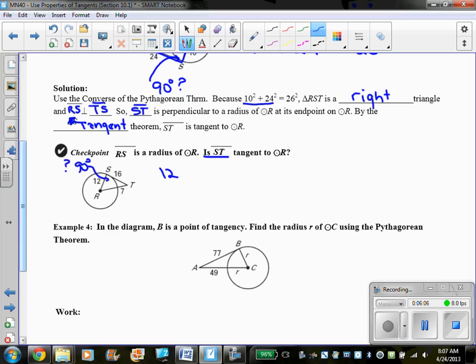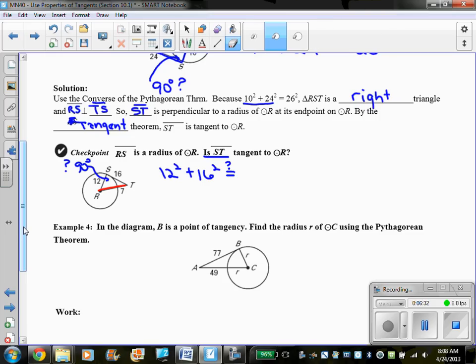So if that is 90 degrees, then we have one leg, RS, which is 12 squared, plus the other leg, which is 16 squared. And we want to know if it's equal to, and now here's the part that you have to be careful with, and I can't stress this enough. If we're looking at this as a 90-degree angle at angle S, directly opposite is the hypotenuse. So this right here is the hypotenuse, or should be the hypotenuse.